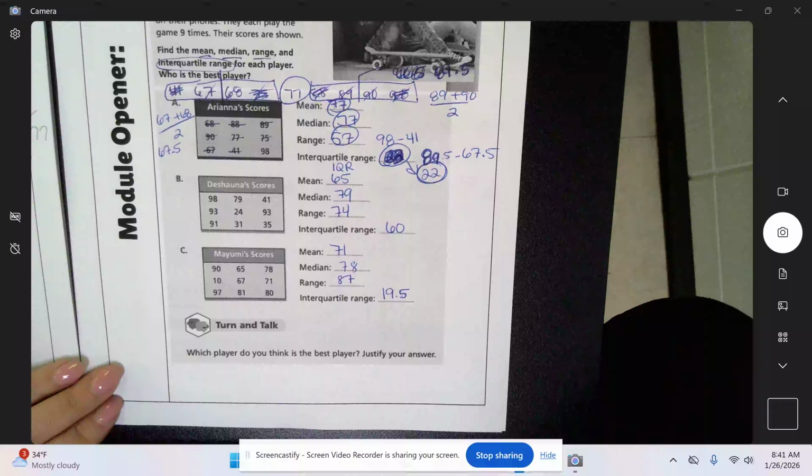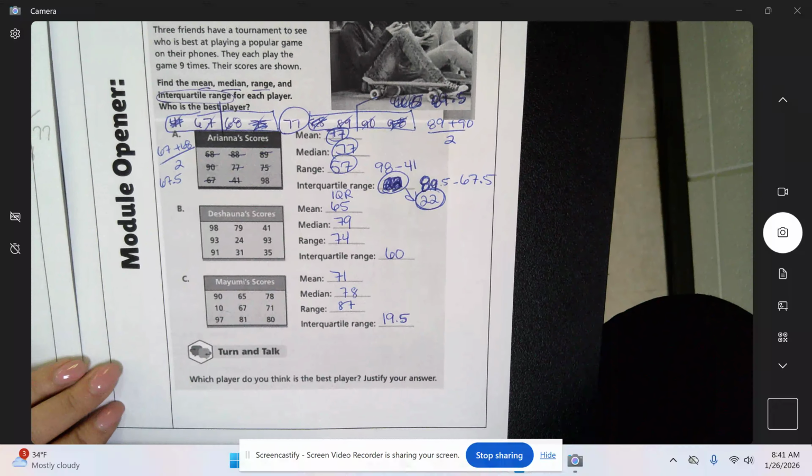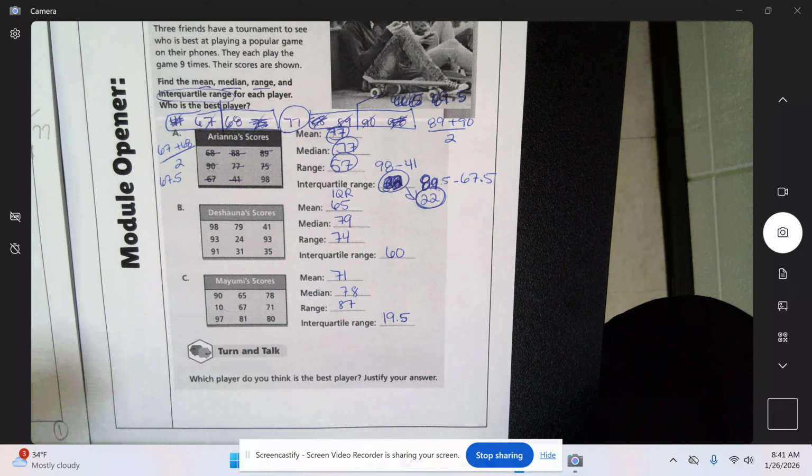So based off of this information, who had the better score? Why are you saying Deshaun? Which measurement are you looking at? If I'm talking about who has the highest test score, what am I usually looking at? Their average.